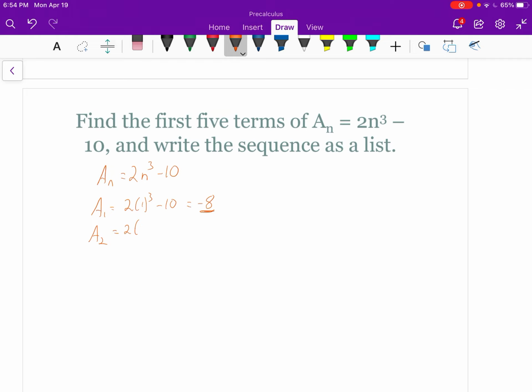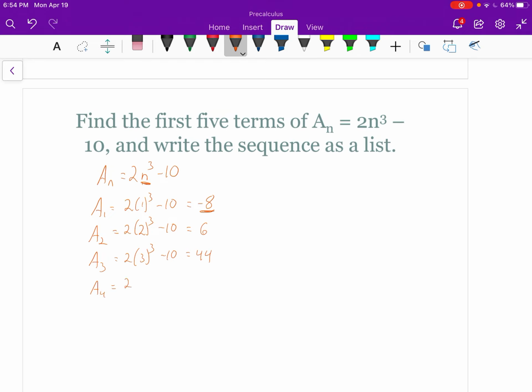To find the second term, we just put 2 in for n into our formula. 2 cubed is 8 times 2 is 16. 16 minus 10 is 6. To find the third term, we're going to put 3 into our formula. 3 cubed is 27 times 2 is 54 minus 10 is 44.